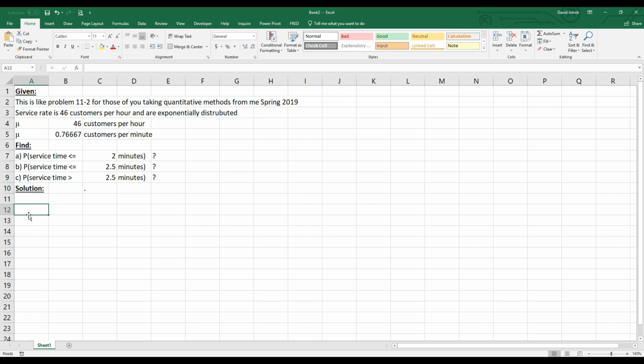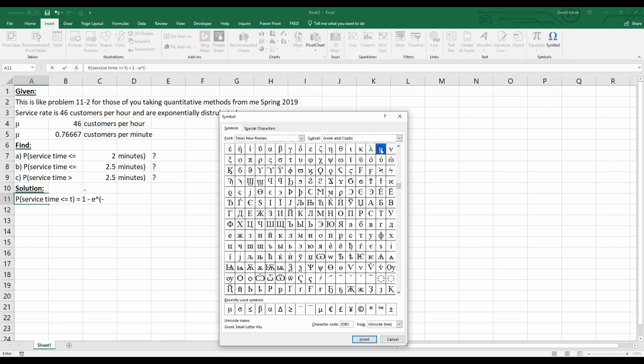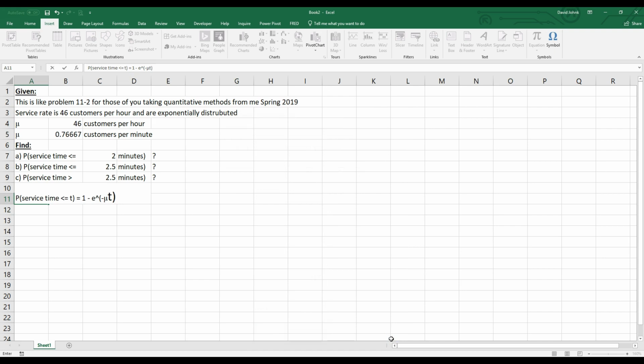And the equation we're going to use, we would say the probability that the service time is less than or equal to T is equal to 1 minus e to the power of, in parentheses, minus mu, and I'm going to insert the symbol again, mu, and then close that, times T.